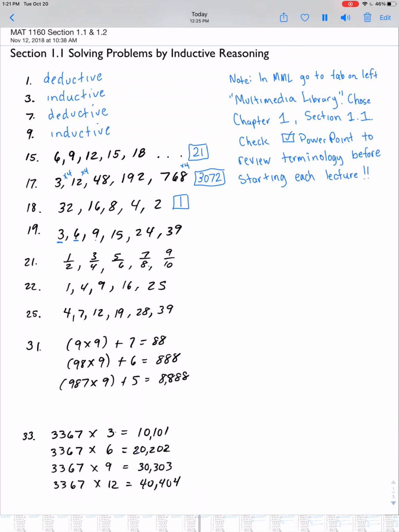So 6 plus 9 gives us 15. 9 plus 15 gives us 24. 15 plus 24 gives us 39, and then 24 plus 39 gives us 63. And so what you want to call this one is sum of previous two.